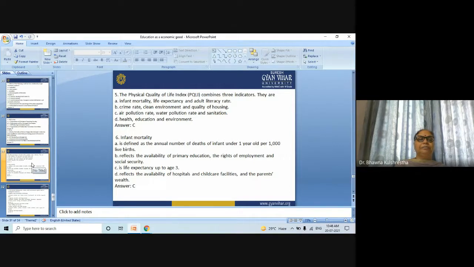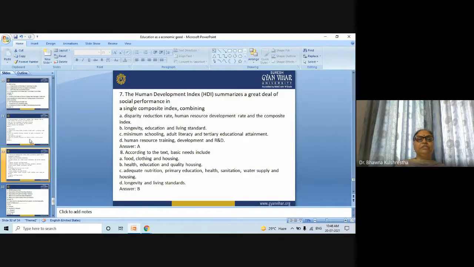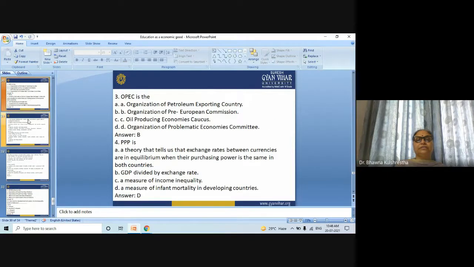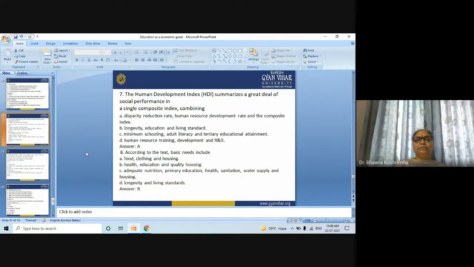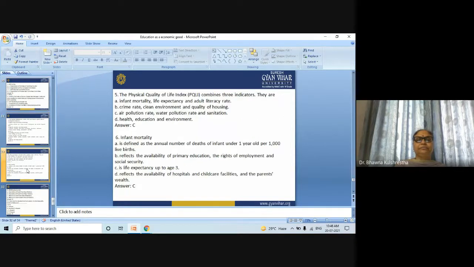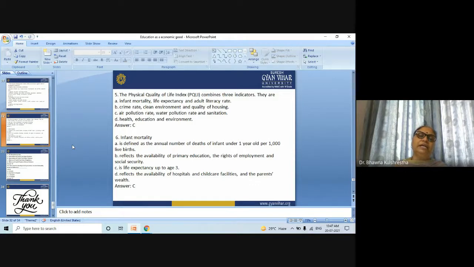They are infant mortality, life expectancy, and adult literacy rate; crime rate, clean environment, and quality of housing; air pollution rate, water pollution rate, and sanitation; or health, education, and environment.